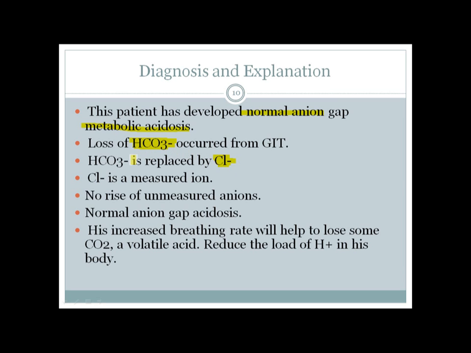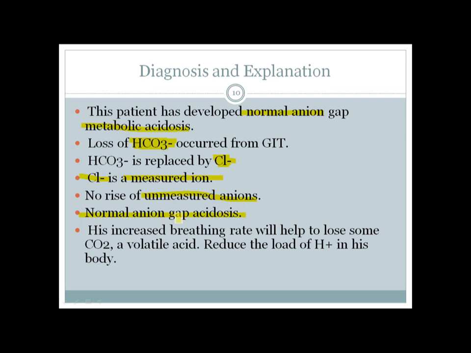So if one is replaced by the other, the total concentration of measured anions stays normal, and the total concentration of unmeasured anions won't change. As chloride is a measured ion, there will be no rise of unmeasured anions, so there will be a normal anion gap acidosis.